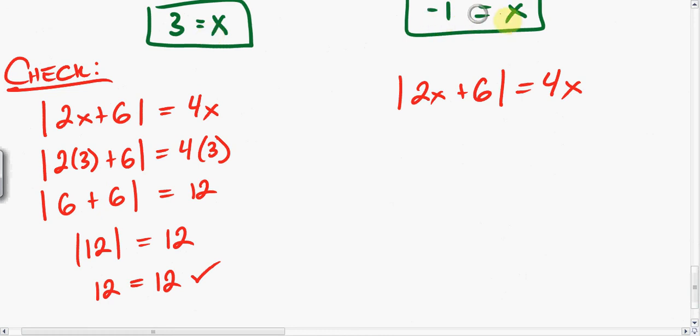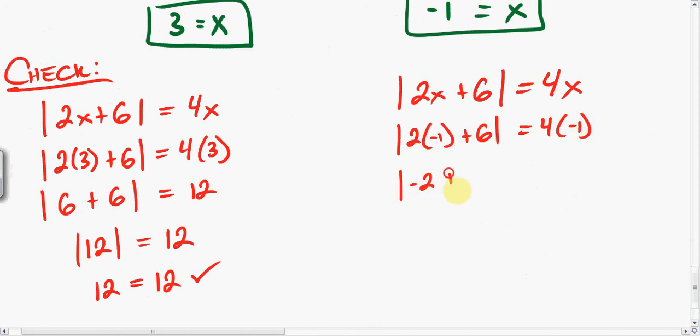So let's check x equals negative 1. I'm going to plug negative 1 in for x. So we've got the absolute value of 2 times negative 1 plus 6 equals 4 times negative 1. 2 times negative 1 is negative 2, plus 6. And 4 times negative 1 is negative 4.